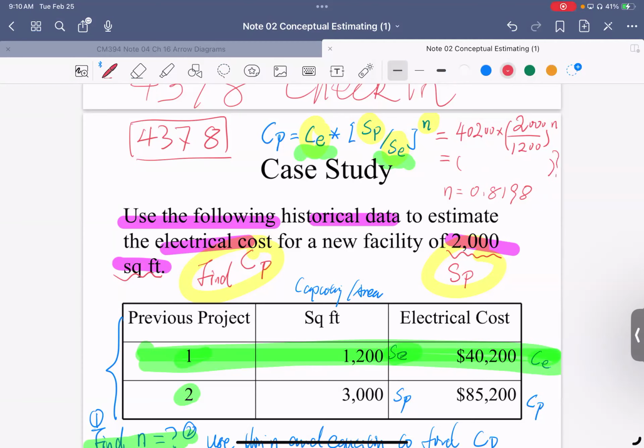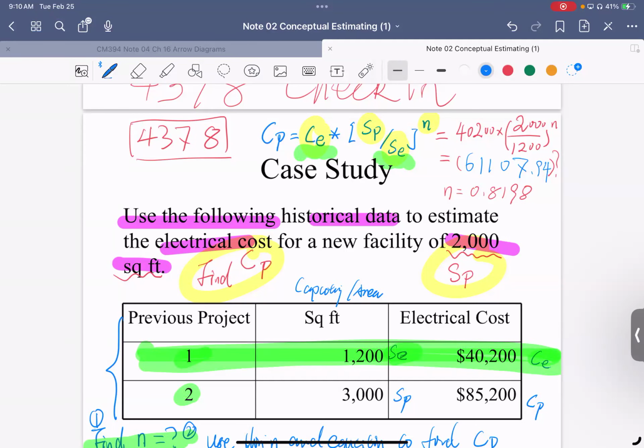What is the number here? Do you get the same number as me?